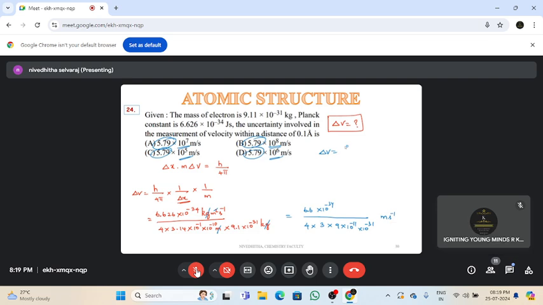What is your answer for delta V? Tatvatika, the answer is not option 2.